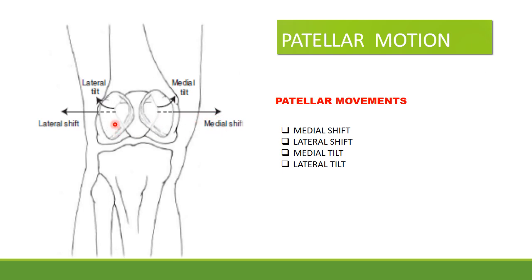Then the patella can shift laterally, lateral shift. Then there are tilting movements. We have medial tilt, when the patella tilts upward and medially. When the patella tilts outward and laterally, it is known as lateral tilt. So the patella has these four kinds of movements.